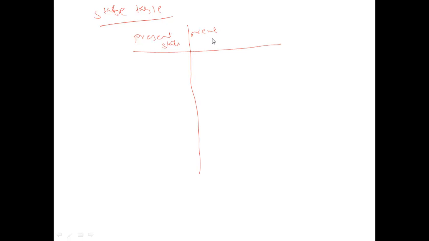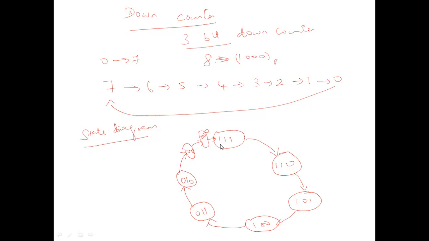Okay, so you can write the state table from that. The state table is nothing but present state and next state. From the diagram you can understand present state 1 1 1, next state 1 1 0.